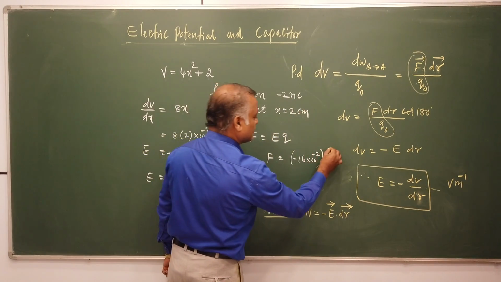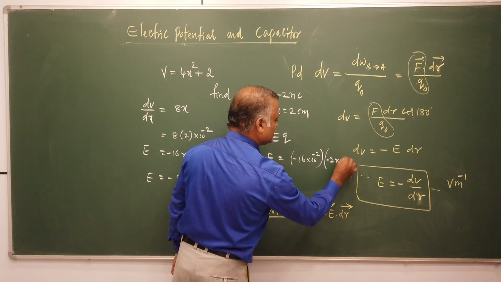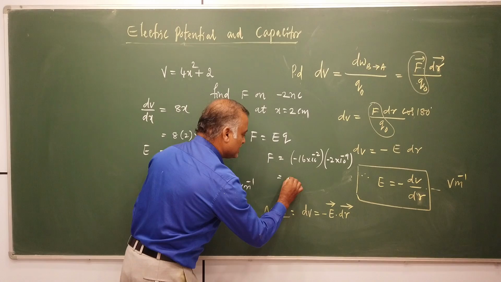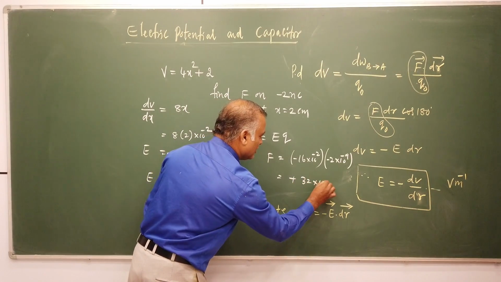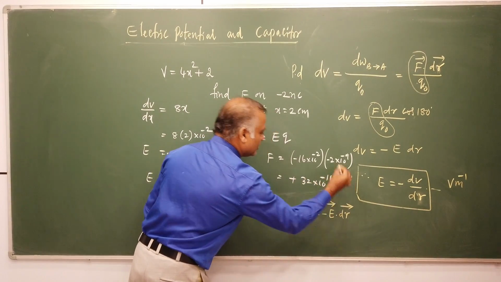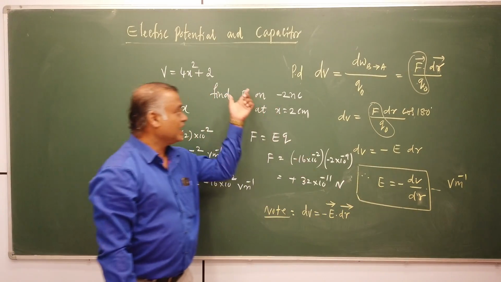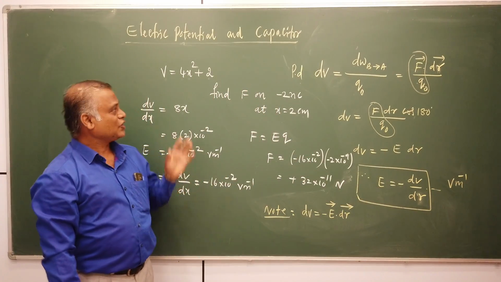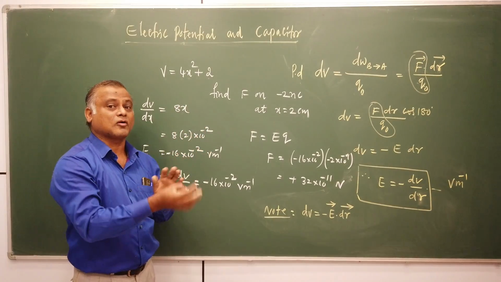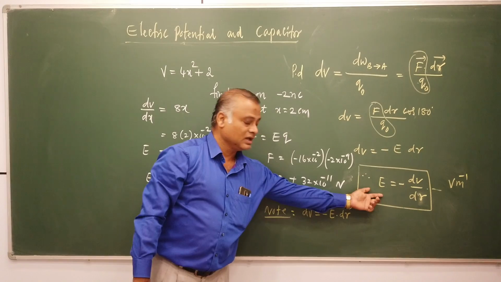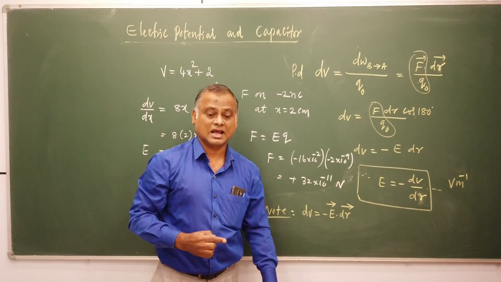What is the charge they have given? Minus 2 nano, nano means 10 to the power of minus 9. So can you answer? Minus of minus is plus. This is how this formula is helpful in finding electric intensity. Now you will have plenty of problems. That problem session will be different. Just understand how this formula is useful in your coming classes.